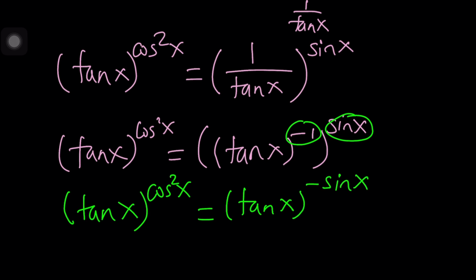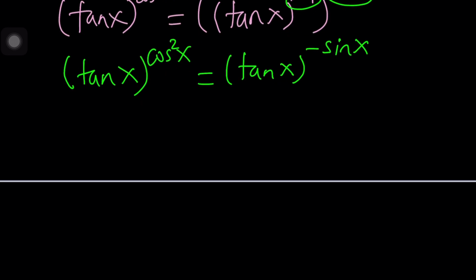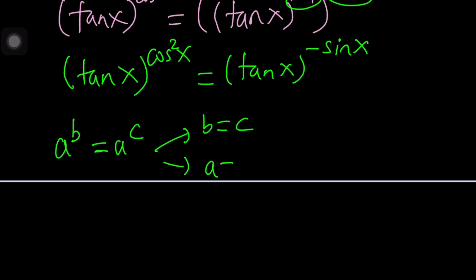Great. Now we got the same base, and then we can go ahead and do a couple different things. One is what happens when a to the b is equal to a to the c. We can safely say that b equals c is a solution. But that's not the only case, because if a is 1, think about it, then b and c don't matter, right? Because 1 to any power will be satisfied.